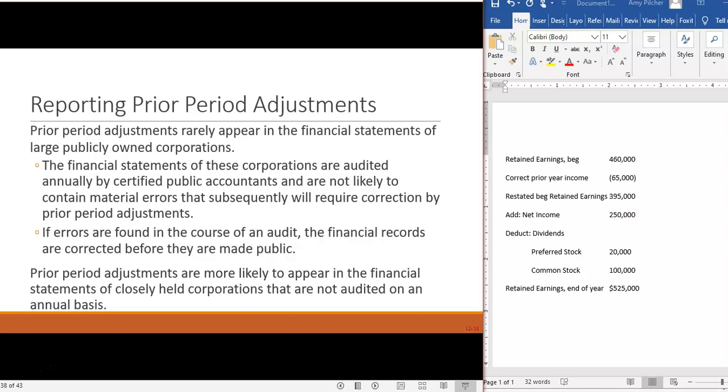So it's only going to show up on financial statements of corporations that don't get audited on an annual basis. Now remember, only publicly traded organizations are required to have a yearly audit. Other corporations may choose to audit whenever they decide to audit. Some of them will do it yearly, and some of them will not.